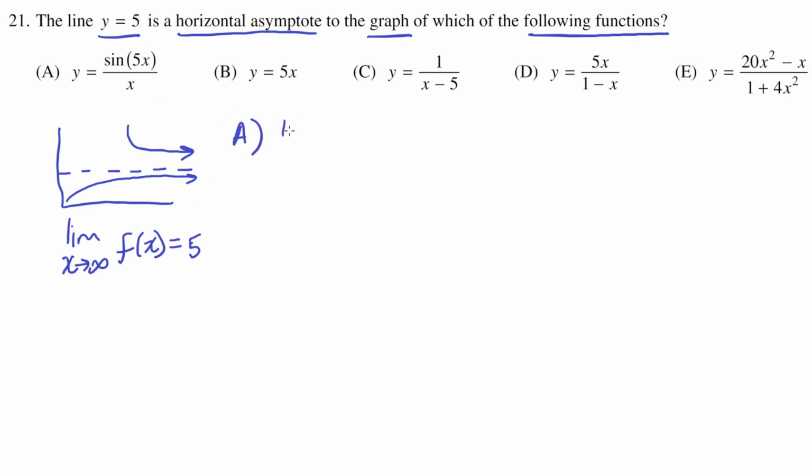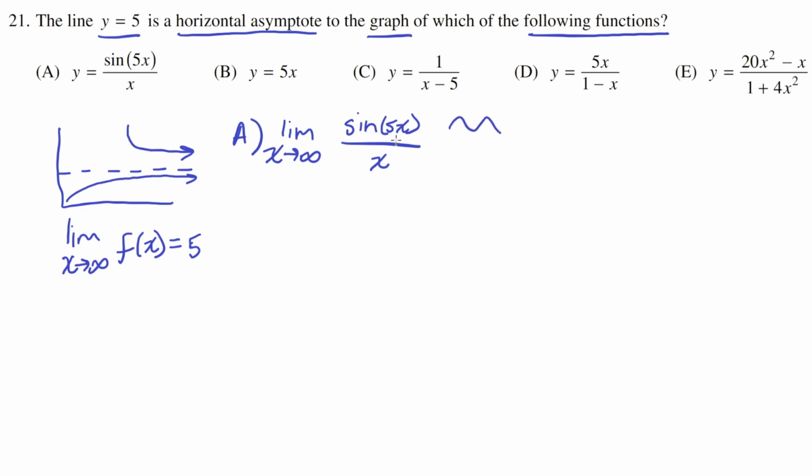So for A, we take the limit as x approaches infinity of sine of 5x over x. If we were to plug in infinity into sine x, we know that sine x is an oscillating function.